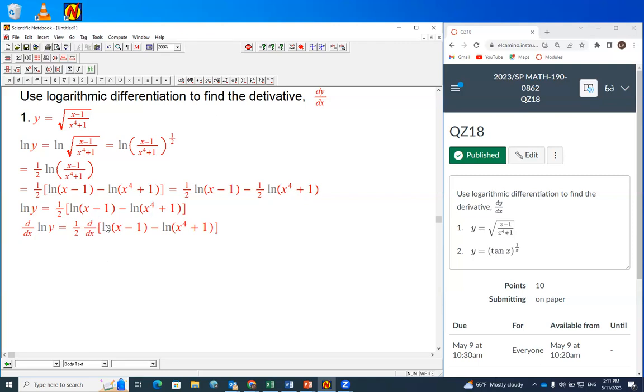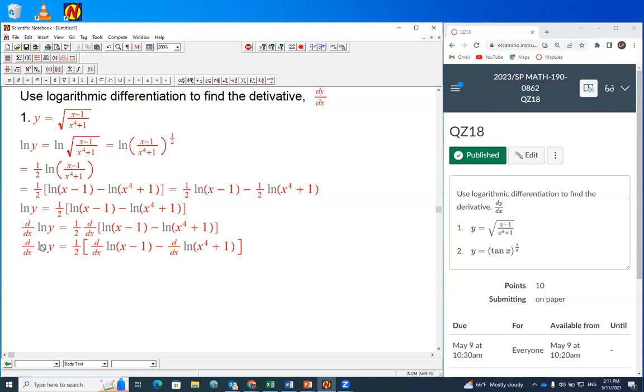Then inside the bracket, we're differentiating a difference, so we can even write it this way: we're differentiating the first logarithm and differentiating the second natural logarithm.